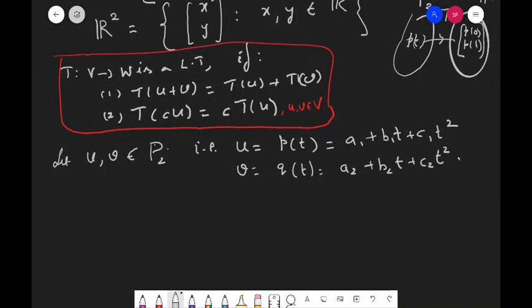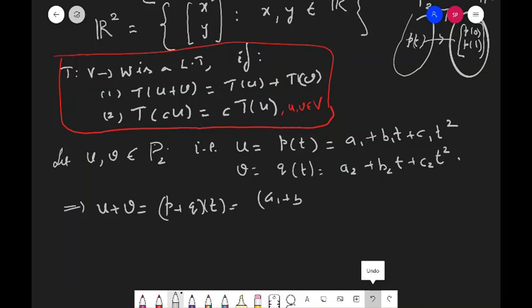Then what will U plus V be? Their summation U plus V, because we want to find T of U plus V. So how do you add polynomials? It is nothing but P plus Q of T, which is given by A1 plus A2, plus B1 plus B2 into T, plus C1 plus C2 into T square.